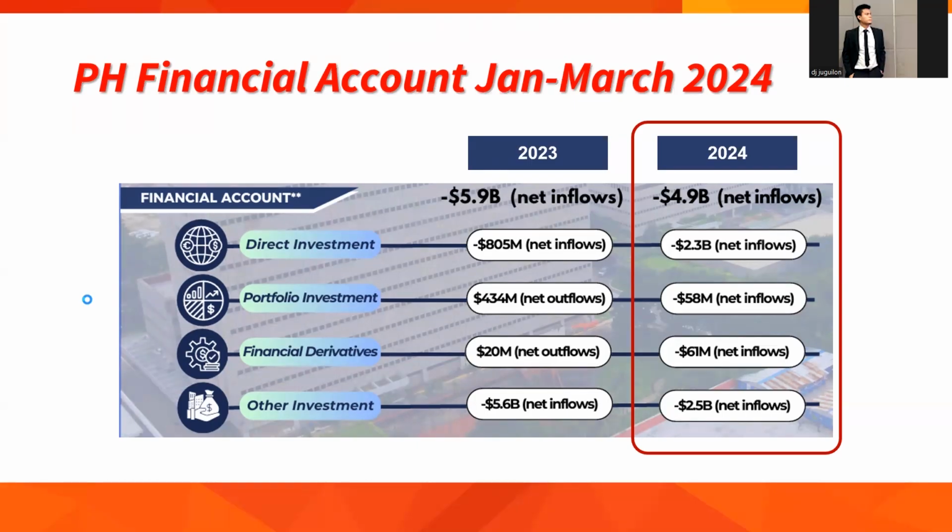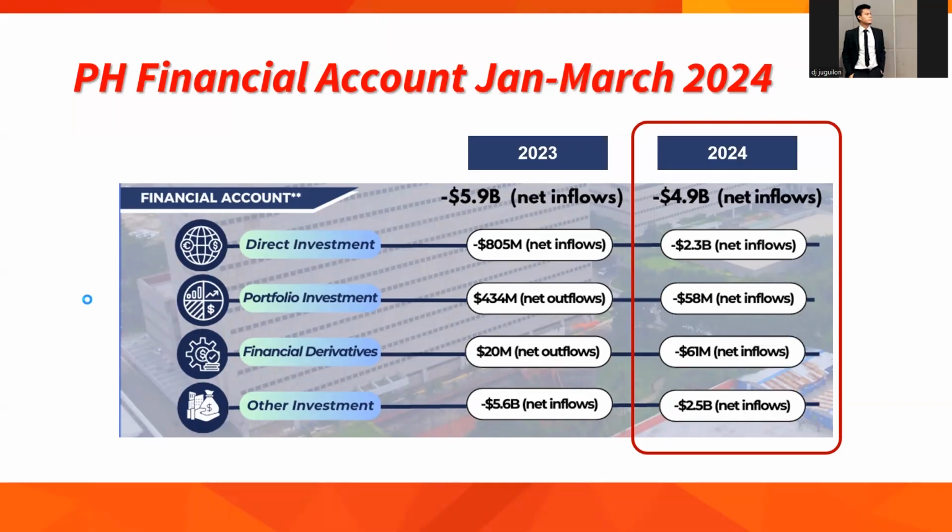Next is portfolio investment, and as you can see in the 2024 record, we have a negative 58 million net inflow. This number is due to the increase in non-residents' net placements in debt securities, meaning foreigners acquiring bonds and loans domestically. Third is the financial derivatives.